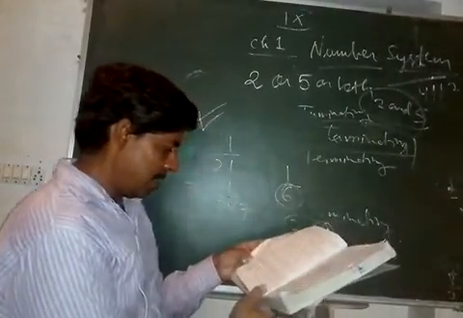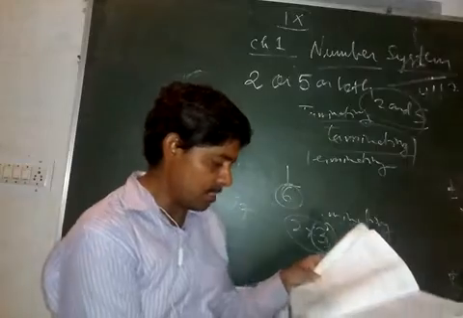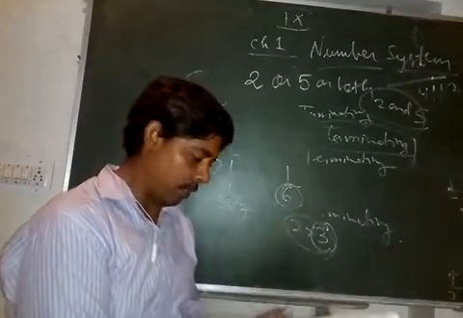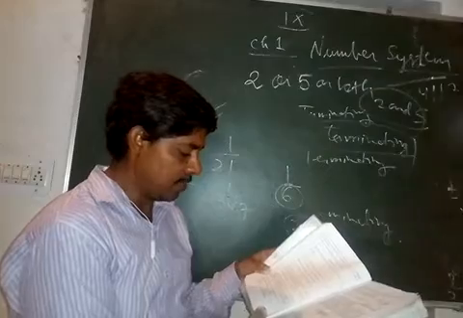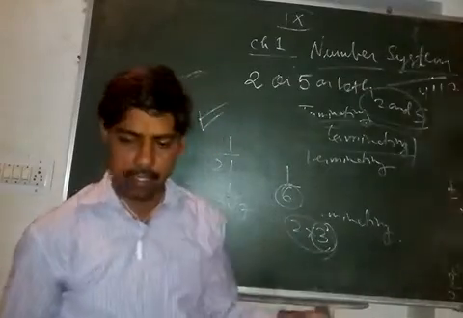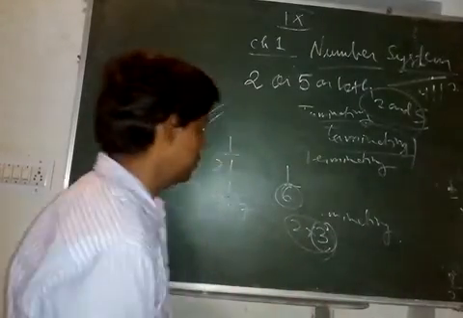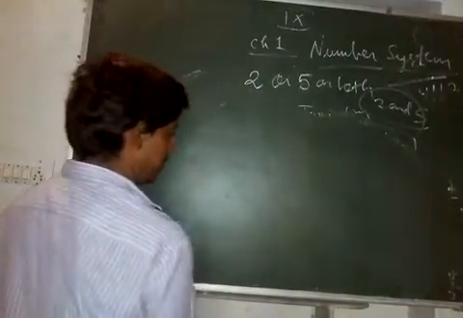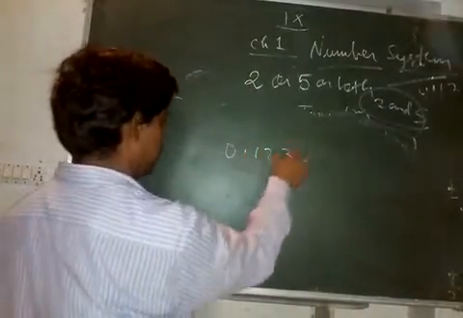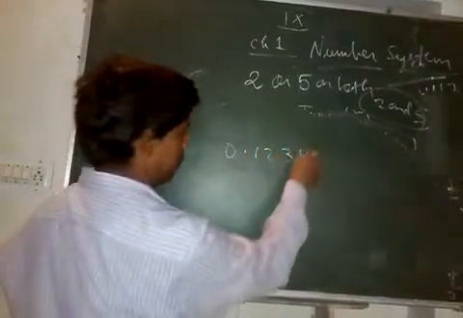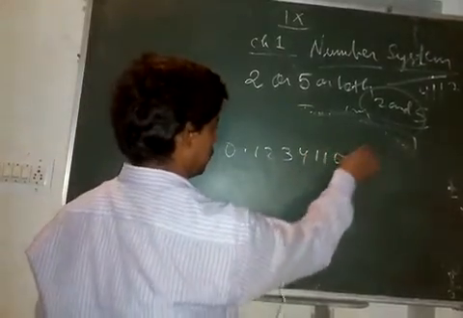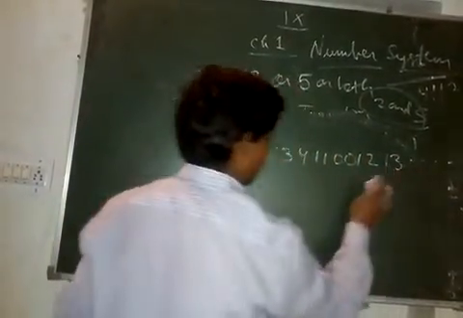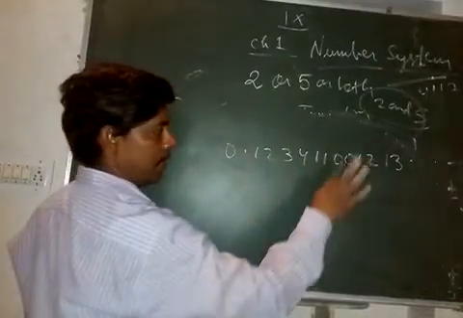Then it says write three numbers whose decimal expansions are non-terminating and non-repeating. Non-recurring means non-repeating. You can write as many as you want, like 0.1234110012130 and then put dot dot dot for non-terminating.